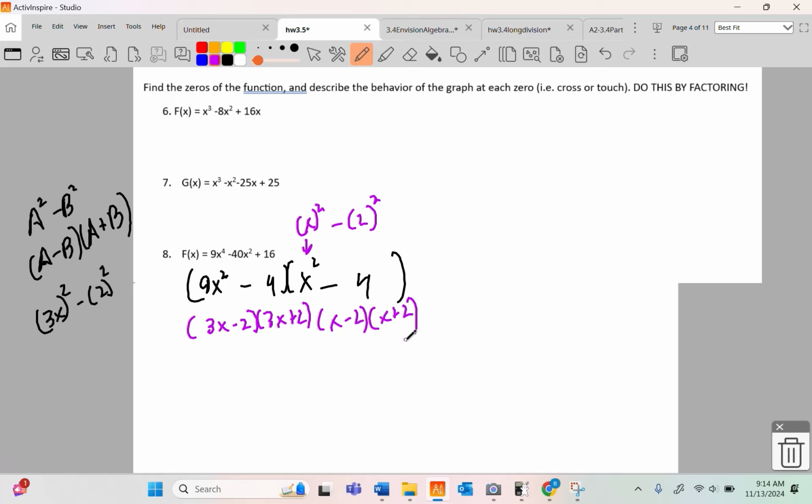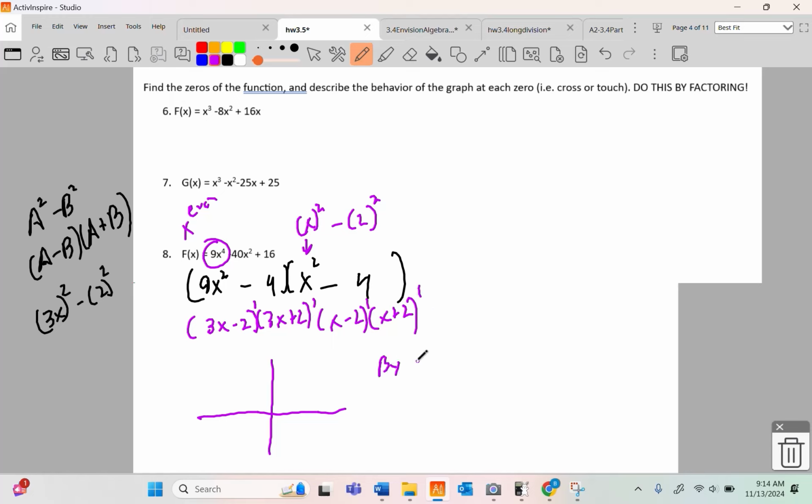And it says describe the behavior of the graph at each zero. So I'm just going to do a rough graph. This is an x to the even. Of course, we do this by, actually, I don't know that you need to do this. Never mind. I can look at multiplicity. All right, the understood exponents on each of these factors are 1.